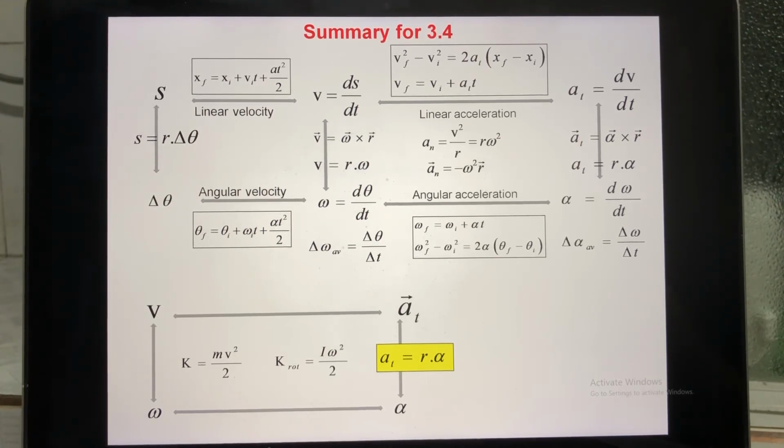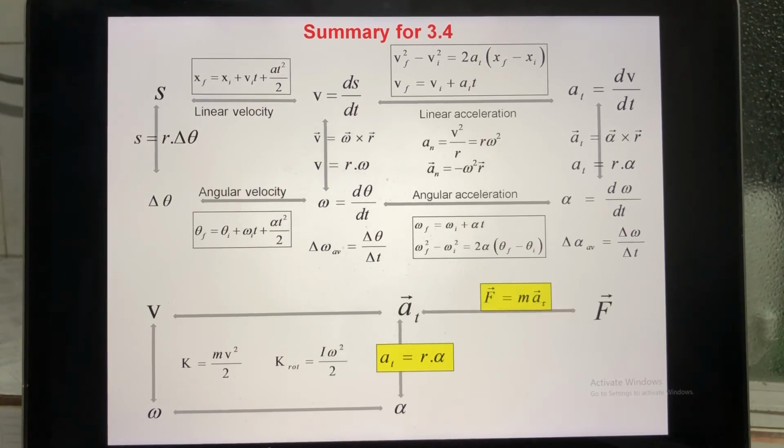If the object doesn't have any shape that you know, usually they will give you the number of I. And if they give you the shape of the object, for example, cylinder, sphere, or a rod, you remember the formula for I, okay?